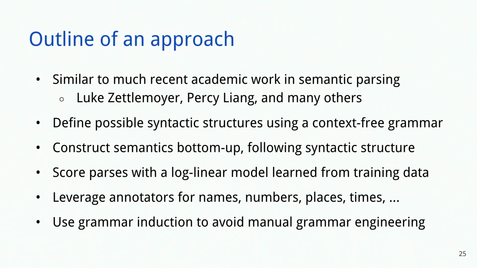Third, a log linear scoring model which is learned from training data. Fourth, phrase annotators for recognizing names of people, locations, dates, times, and so on. And finally, grammar induction, inducing grammars from training data in order to quickly scale into new domains and new languages. And over the following slides, I'll talk about each of these 5 elements in turn.